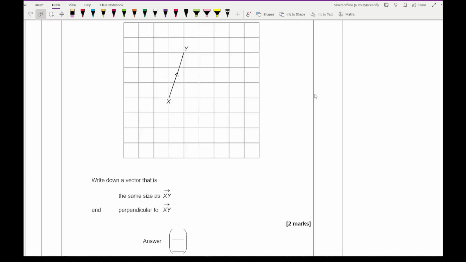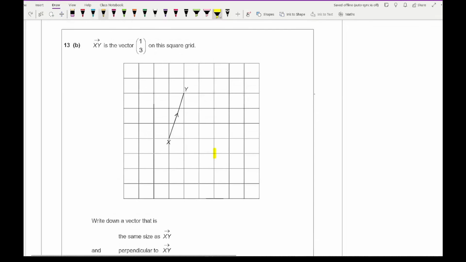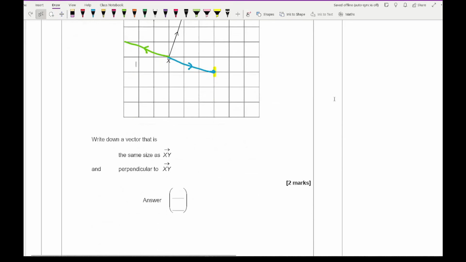So perpendicular is going to be here. So it's going to look like that. Or alternately, it could be this one here, in which then you could have a possible answer of 3, minus 1, or you could have minus 3, 1.